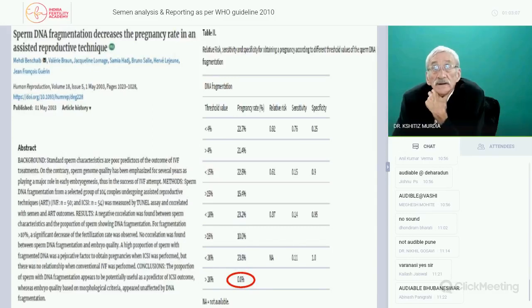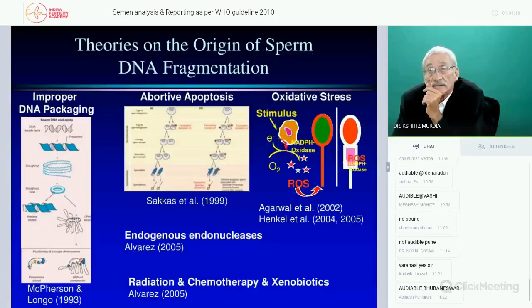So DNA fragmentation is a very determining factor in whether you have fertilization, whether you have embryo formation, or even implantation at that point. So the theory is, where does it come from? Basically, improper chromatin condensation is the cause for DNA fragmentation.